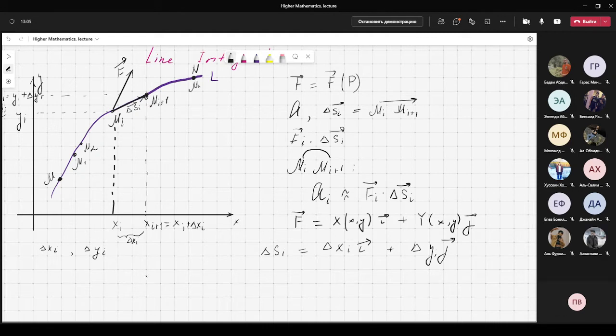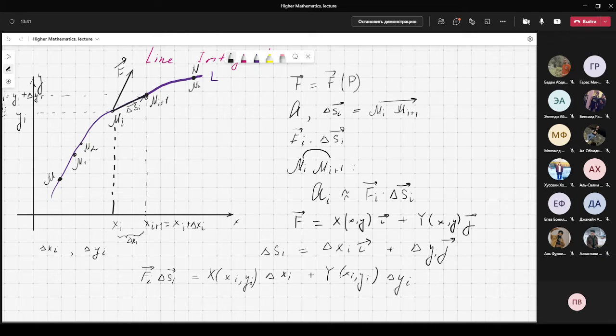Hence, the scalar product F i times delta S i equals capital X of x i y i times delta x i plus capital Y of x i y i times delta y i.